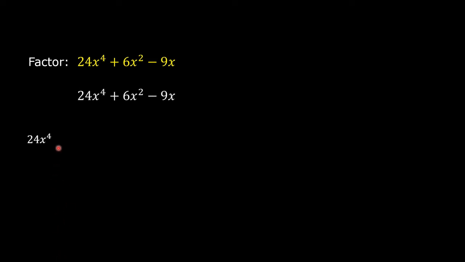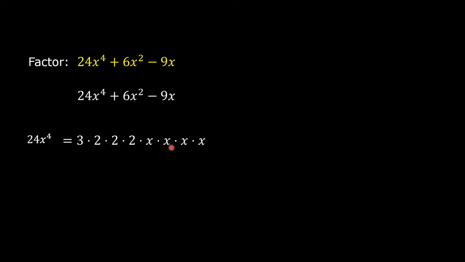Write the first term, which is the 24x raised to the exponent of 4. And then find the prime factors of 24. 3 times 2 times 2 times 2. These are the prime factors of 24 because 3 times 2 is 6, times 2 is 12, times 2 is 24. And then write x raised to the exponent of 4 as x times x times x times x.